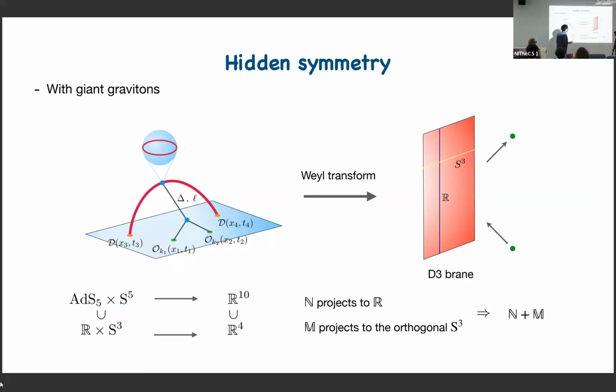This S3 is essentially the orthogonal part with respect to the 2D plane formed by T3 and T4, right? It's orthogonal to that, which gives you the S3. That's why we define it with a 1 minus, so that it projects onto the orthogonal space.